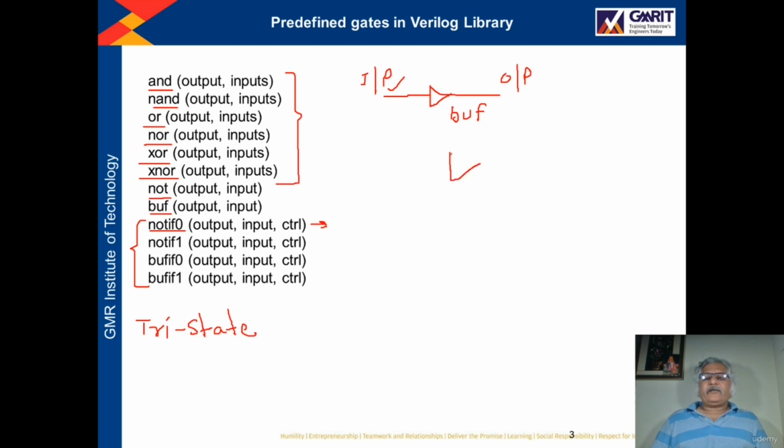It is like a NOT gate having one input and one output, and apart from these there is another control input, right? We call it CTRL, the control input.